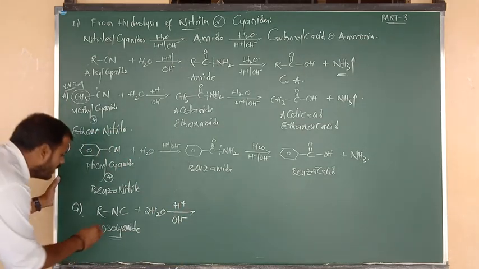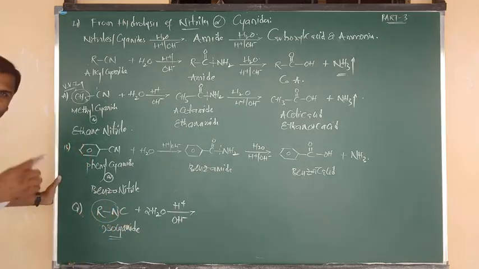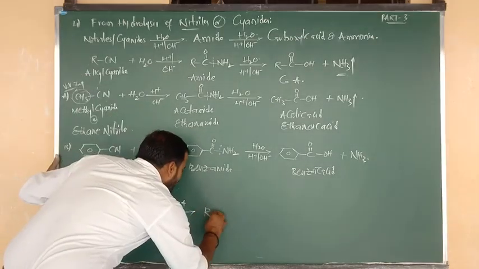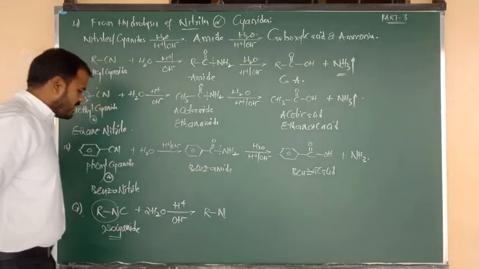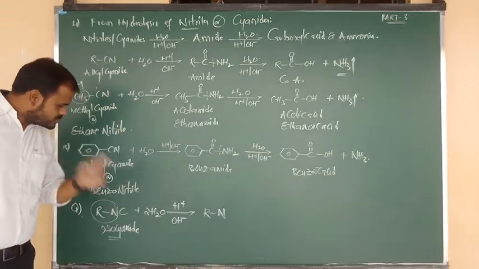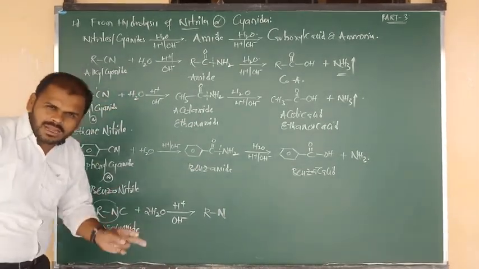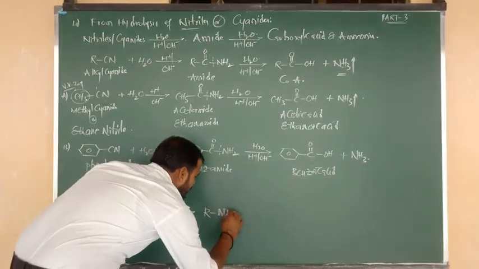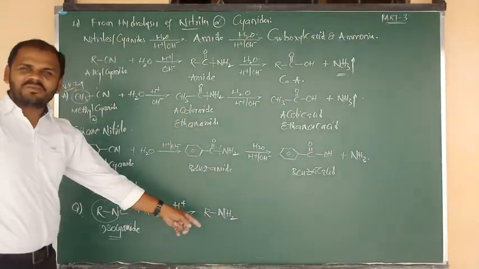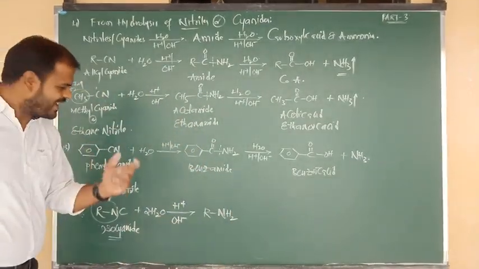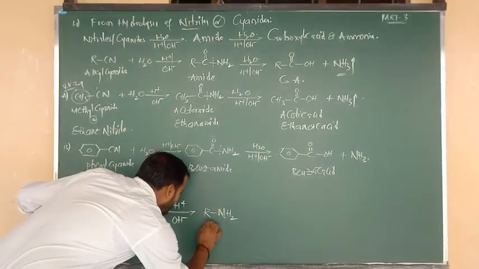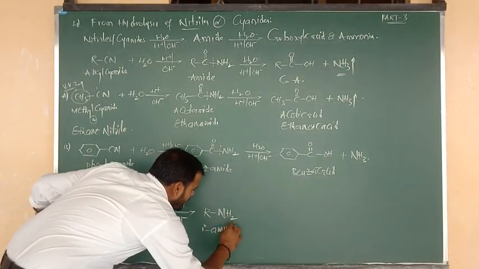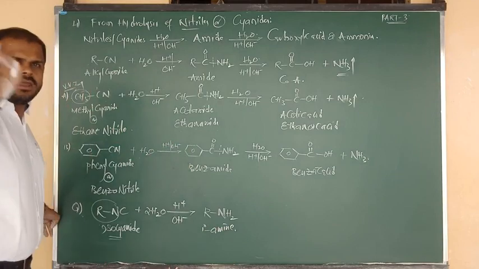Very important. R bonded to N, such R bonded to N I am going to write here as it is. But in the water molecule, 2 to the 4 hydrogens are there. Let me consider 2 hydrogen. What did you get as the product? The product is nothing but RNH2. RNH2 means amine. Especially we have to say that the name of this compound is called primary amine.